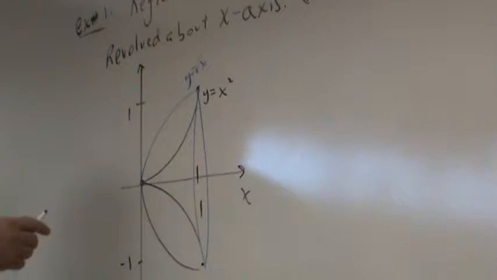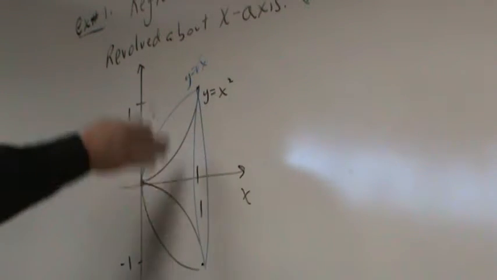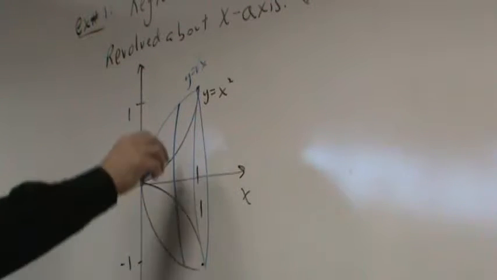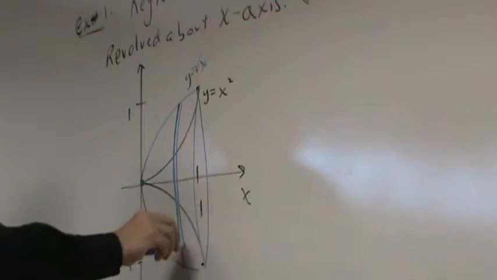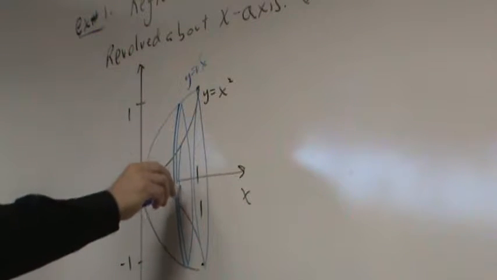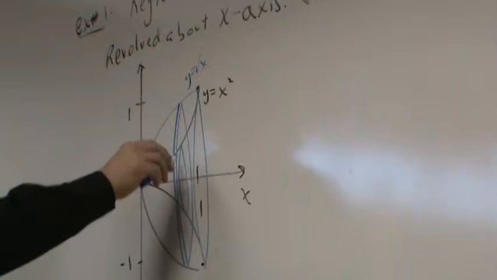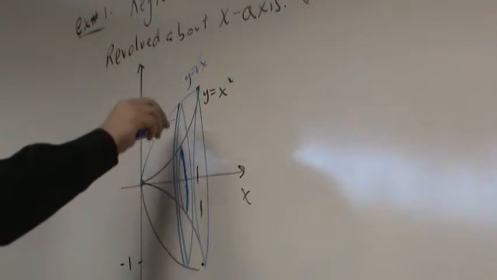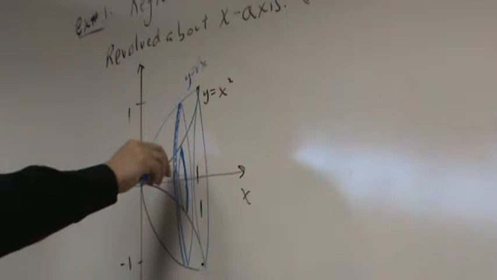Alrighty. Well, I'm going to make cross sections perpendicular to the x-axis, and here's what my cross sections look like. I'm actually going to shade in this back part here and shade in the front part here.